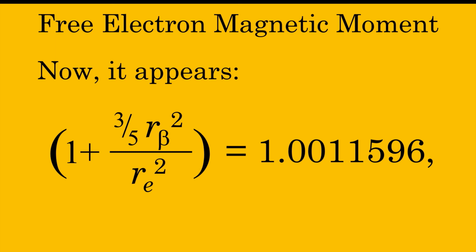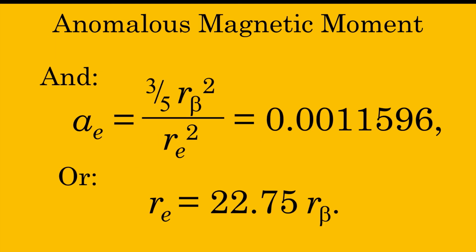1.0011596 Bohr magneton correction. Therefore, the anomalous magnetic moment for the electron becomes A_e equals 3/5 r_beta squared over r_e squared, or 0.0011596 equals 3/5 r_beta squared over r_e squared, which makes r_e equal 22.75 r_beta.